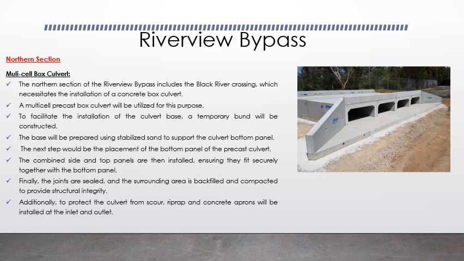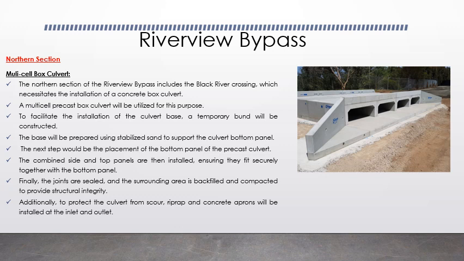Number one, to facilitate the installation, we'll first construct a temporary dam. This will help manage water flow and create a dry working environment. Number two, the base will be prepared using stabilized sand to ensure a solid foundation for the culvert bottom panel. This is crucial for the structural integrity of the entire installation.